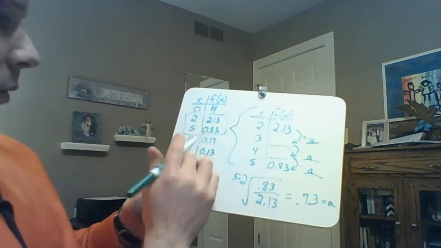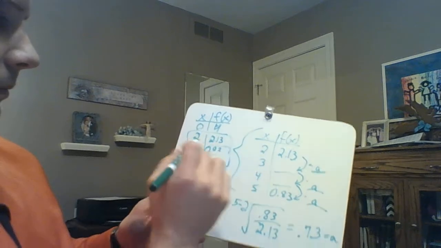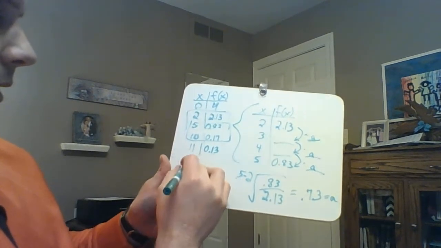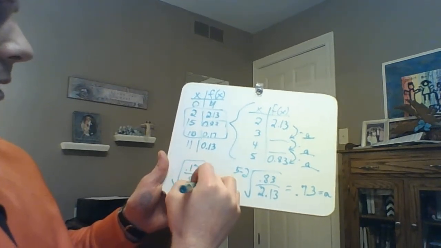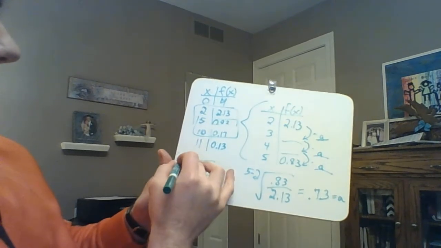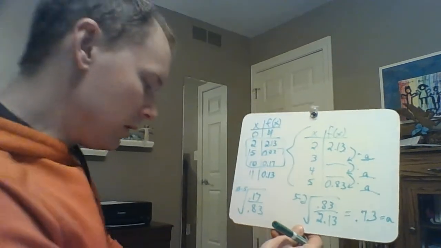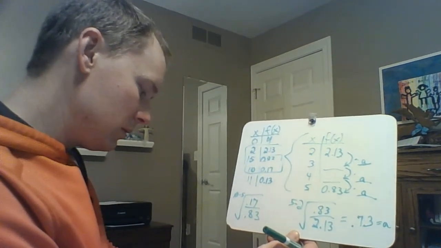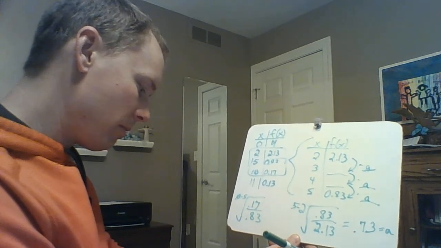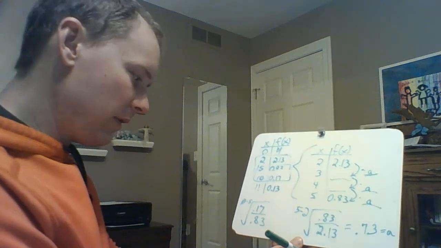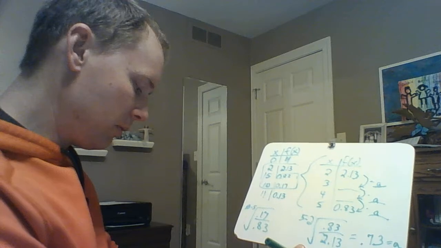If I were to do that for other ones, maybe I could do it between 5 and 10. So that same method would say, all right, take 0.17 divided by 0.83, and 10 minus 5 gives you the index. So in this case, it's an index of 5. So I'm going to do the fifth root of, in parentheses, 0.17 divided by 0.83.